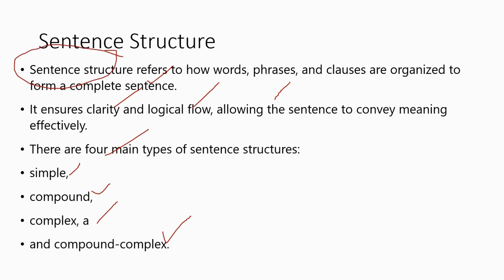So, when we talk about sentence structure, it means the use of phrases, words, or clauses to make a sentence, and how these clauses, phrases, or sentences are joined to make a sentence. They are joined in four different ways.